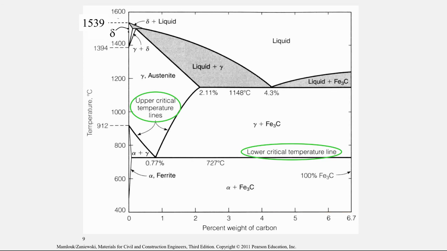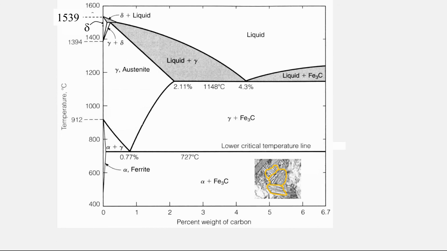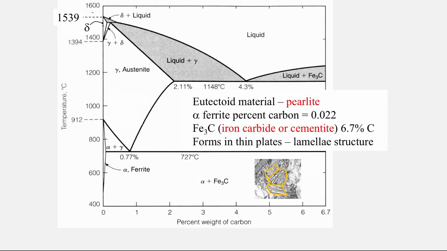All right, finally, a couple more things to point out on this diagram. When we get down below the 727 degrees and we have then our ferrite iron, or our low temperature ferrite, and our cementite or iron carbide, we've said that these both form as individual solids because we're insoluble, and we've already seen the grain structure, and in reality that layered structure, which we again have said is our ferrite and our iron carbide, we're going to call that pearlite.